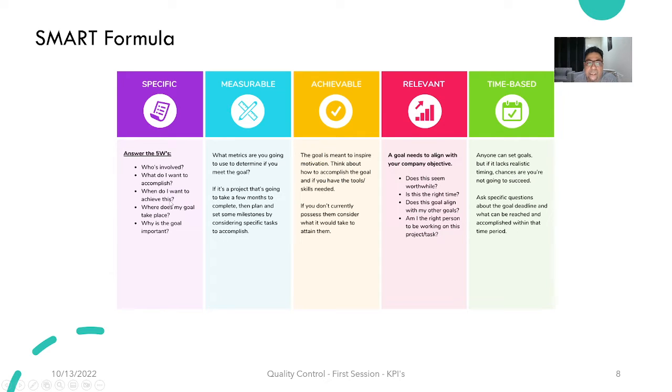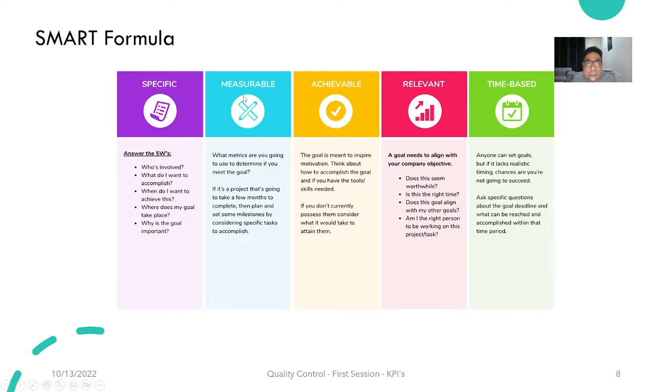When do I want to achieve this? We have to put a time frame on when we need to solve this problem. Where does my goal take place? Where are my organization's goals specifically within this problem? Why is the goal important? This is for the specific.